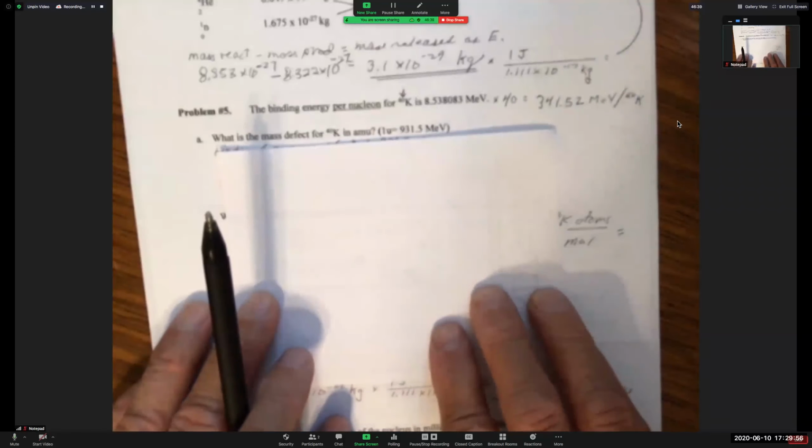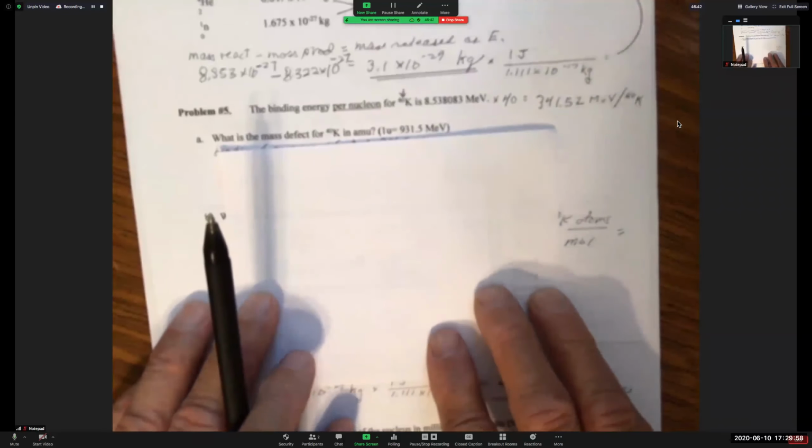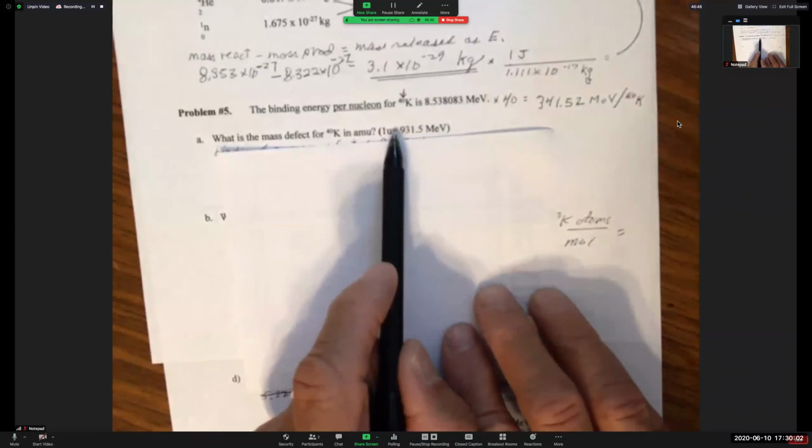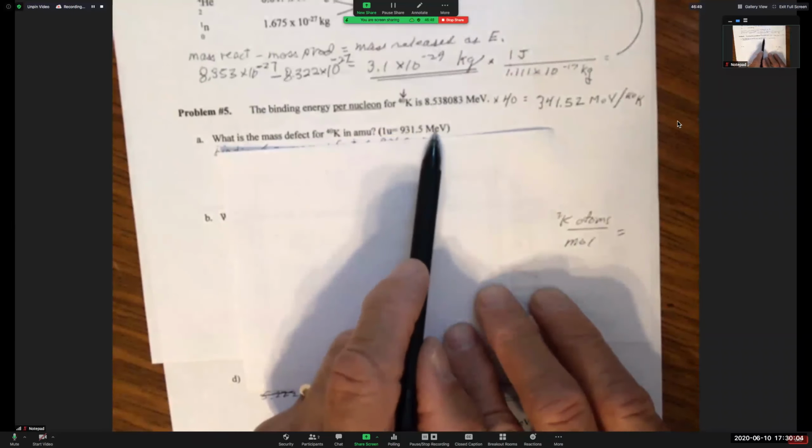So the first question is, what is the mass defect for potassium-40 in atomic mass units? I've got a little conversion factor here: 1 AMU is equal to 931.5 million electron volts. Again, that came from the table on the front page.